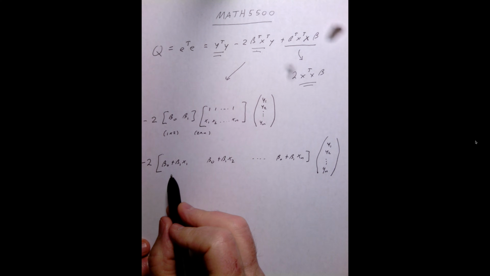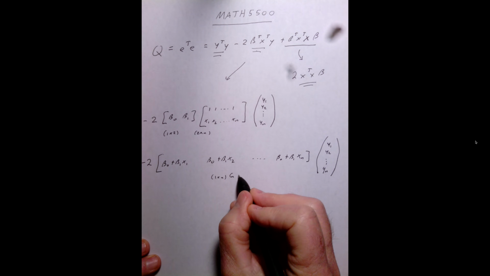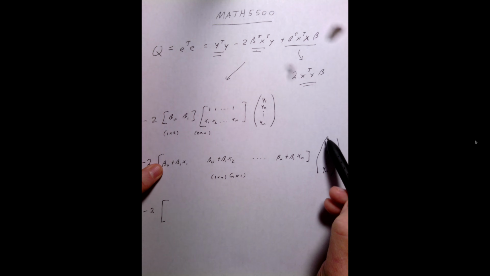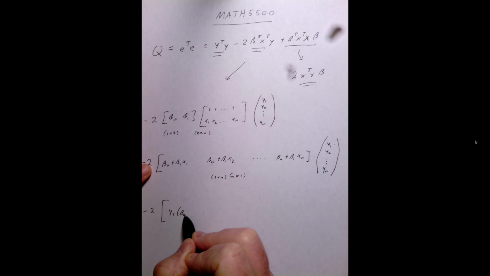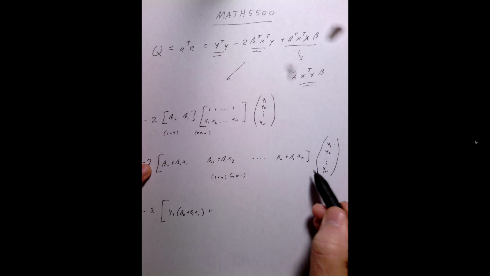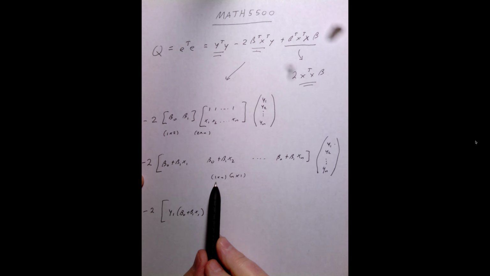Now what I have is a 1 by n, and of course the response vector is always n by 1. So I'm going to end up with just a 1 by 1 matrix, if you will. So what happens is I take this term, beta 0 plus beta 1 x, times the first entry in the column. So I'm going to get y1 times beta 0 plus beta 1 x1, plus, and again, this is not like up here where I have different elements of a 1 by n matrix.